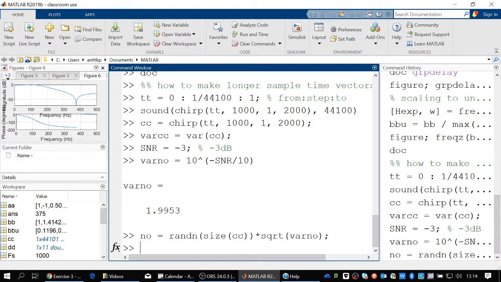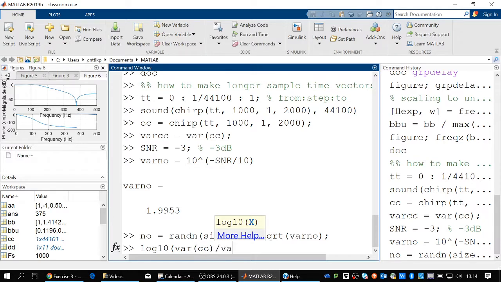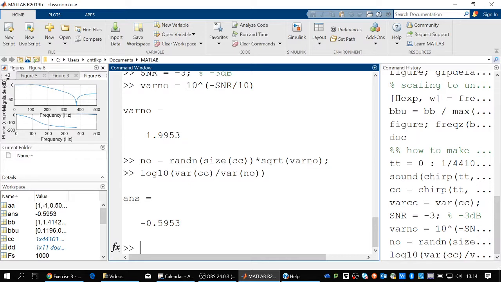Let's check that it's actually that. Log 10 of variance of CC divided by variance of noise. No, I'm missing something here. Oh, yeah.